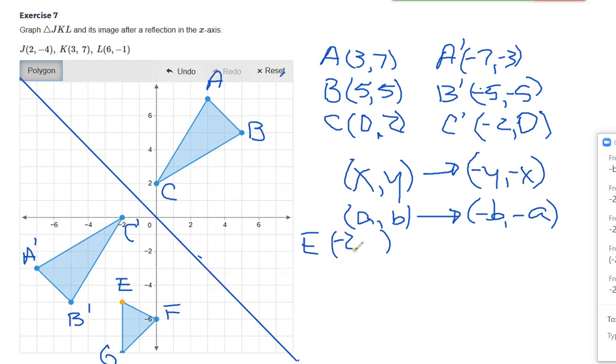So -2, -5. Let's use our rule. Now that we have the rule, negative B and negative A. Now notice if they're already negative, we're going to flip them around. What would E prime be? Okay, on E you're right. Heidi, you're right. Yeah, they would be positive. That's right. They'd be positive, and their place would switch. Zuri, not quite.